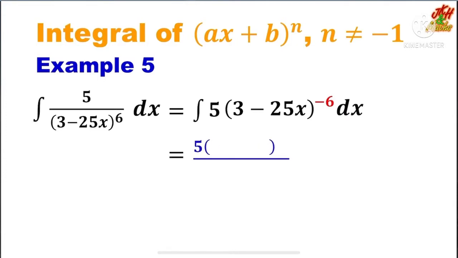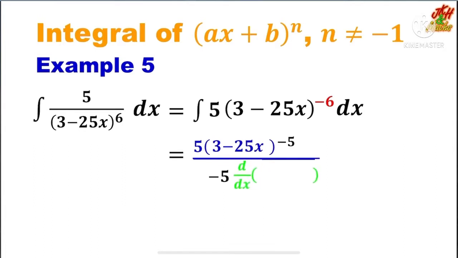So 5 we put outside, remaining outside the brackets. Then the function in the bracket is 3 minus 25x, where to the power we add 1, giving us the value of negative 5. And then we put this value in the denominator.